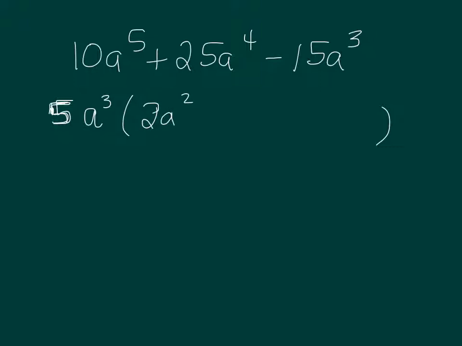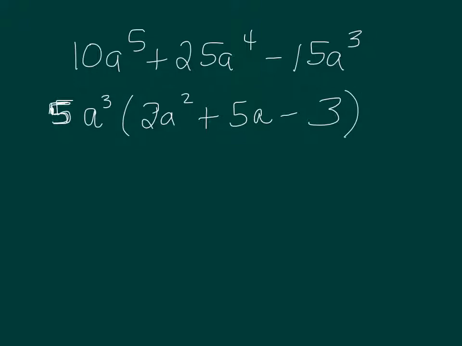I took 3 out. Plus 5. 25 divided by 5 is 5a. I had 4a's. I took 3 out, so I'm left with 1. And 15 divided by 5 is 3. And I had 3a's, but I took them all out, so I'm left with none. And let's bring the end of those parentheses closer here.